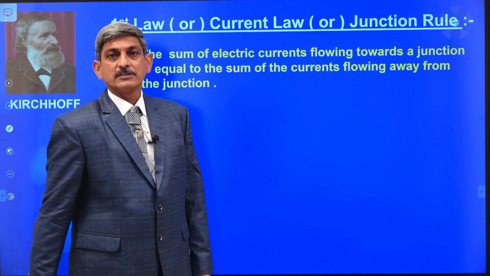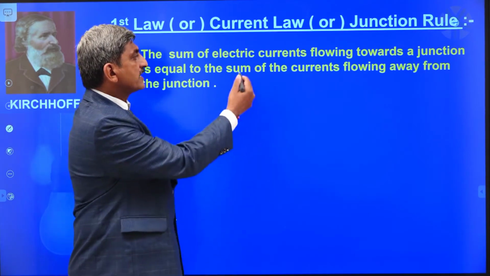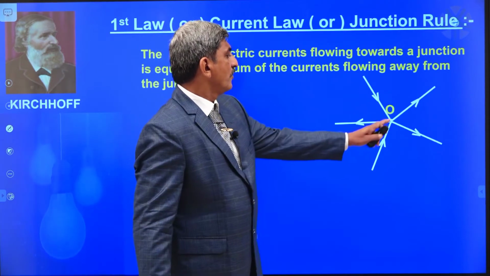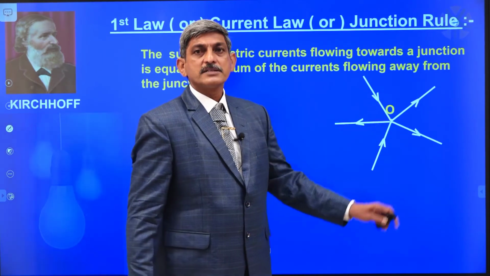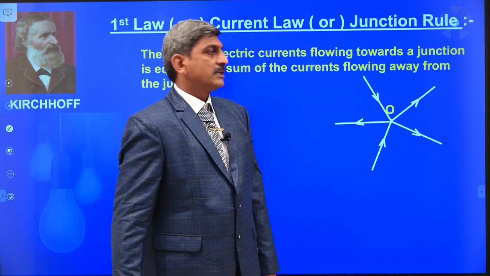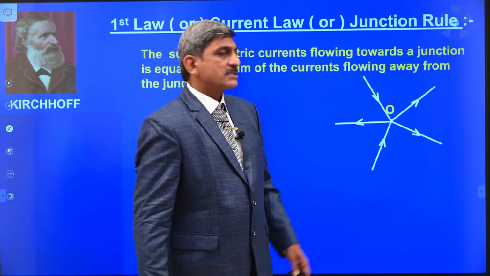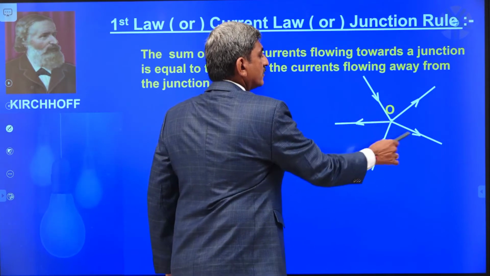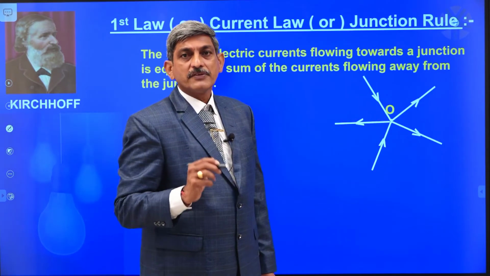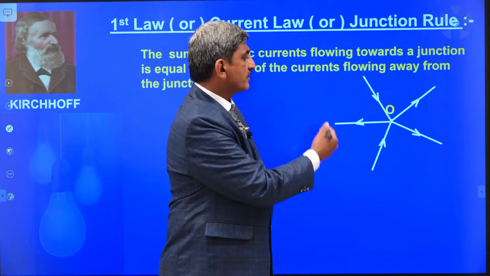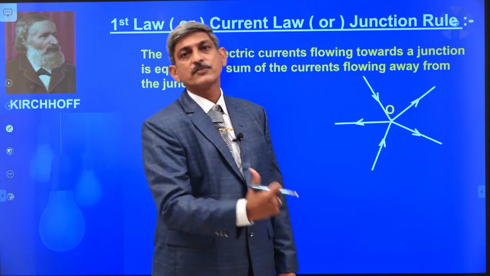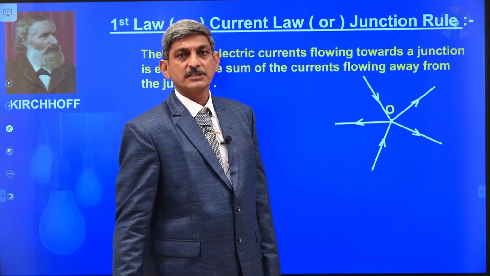To understand this, let us consider a junction O where 5 branches are meeting. Say, in those branches, currents are flowing, and the direction of the arrow gives the direction of the flow of the current. So when you see that some currents are flowing into the junction, some currents are flowing away from the junction.